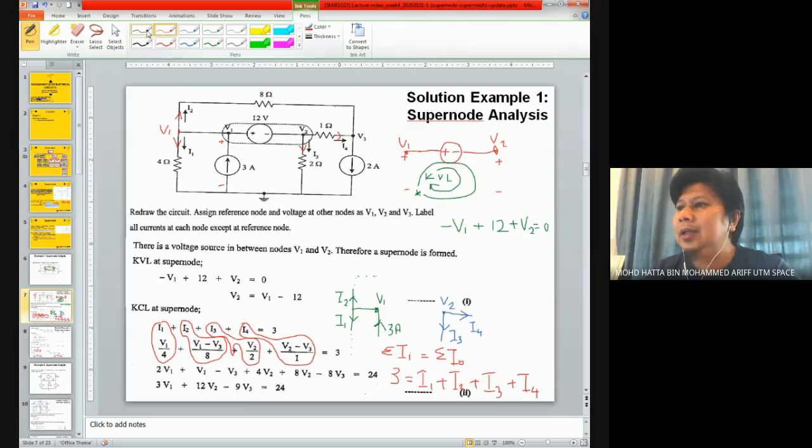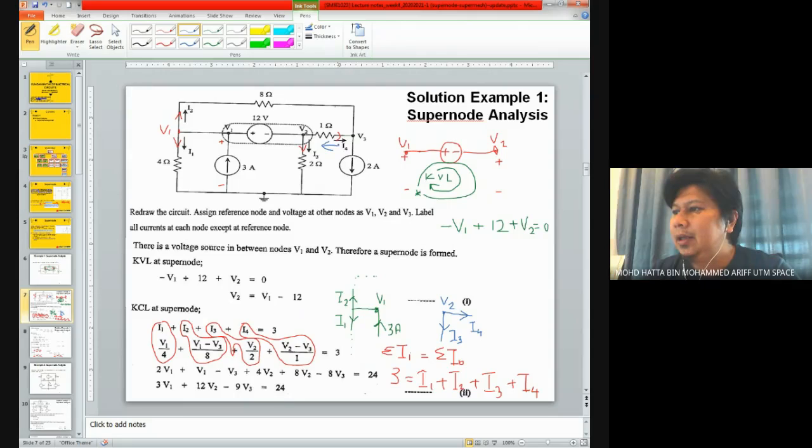Maybe you might wonder, as I also mentioned just now, what if you have a different direction? For example, for I4, I have this direction for the current I4. What happens to my equation over here?